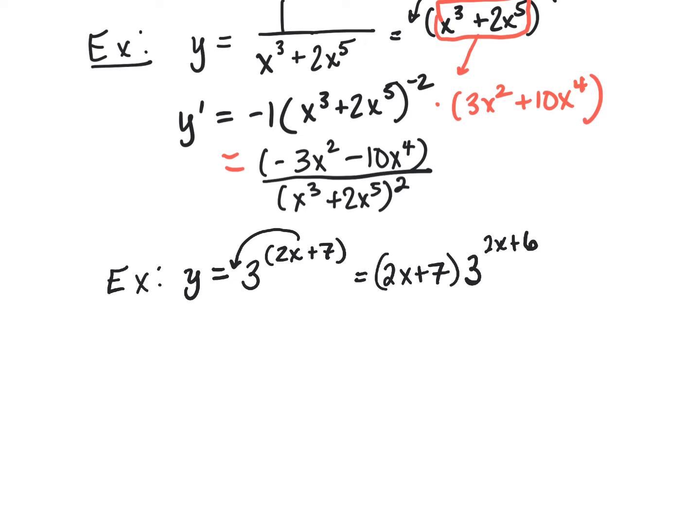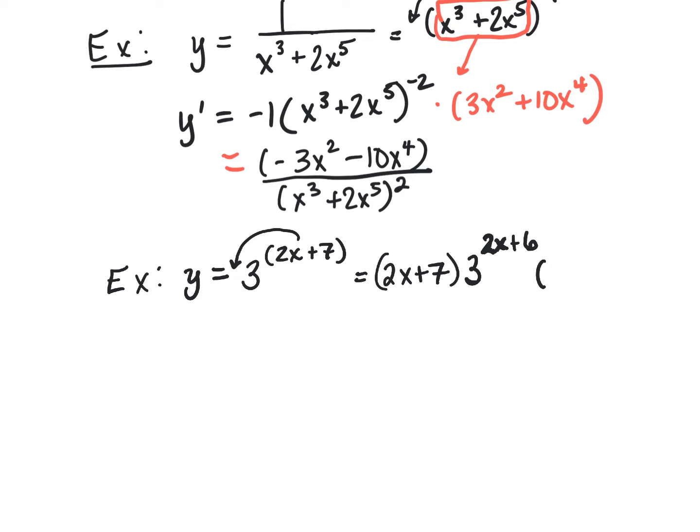Now we have to multiply it by the derivative. You subtract 1. Just 1. 2x plus 7 minus 1 is 2x plus 6. And now we have to take the derivative of the exponent, the thing that's up there.